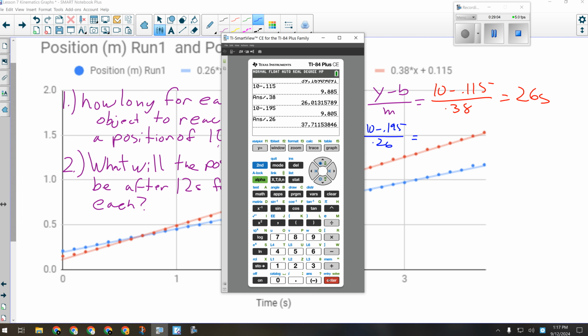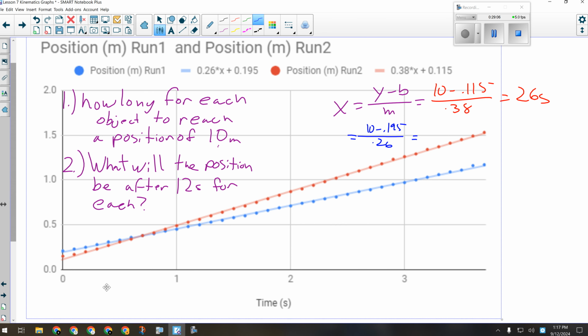That's going to take 38 seconds. That makes sense. The blue line is slower. It should take longer. I'm going to give you guys a couple more minutes on number two, and then we'll go over that one.